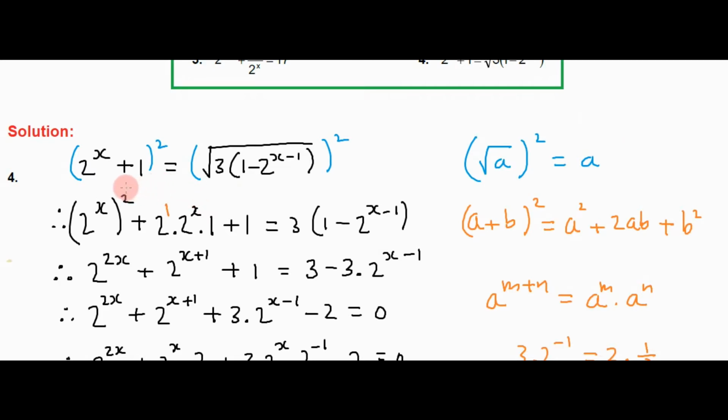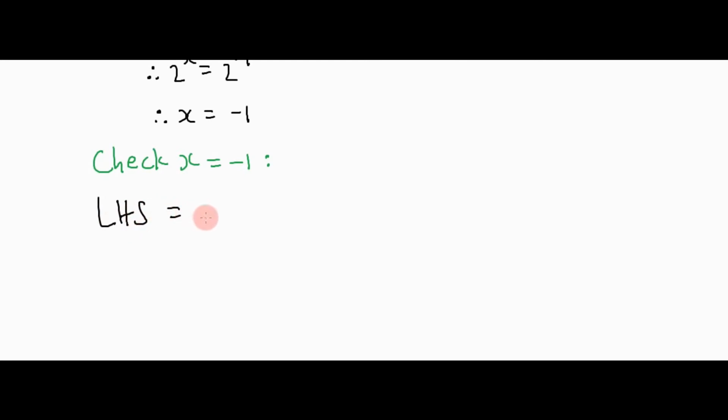So we're going to substitute x into the left-hand side and the right-hand side. So the left-hand side was 2 to the x plus 1. And we're going to replace the x with negative 1. So negative 1 in for x.